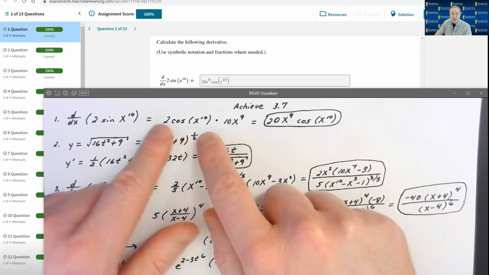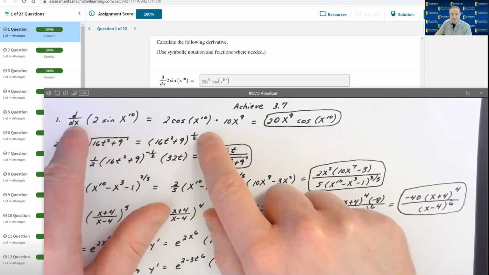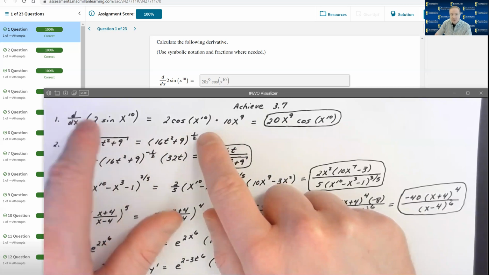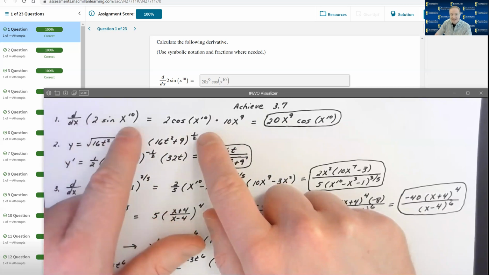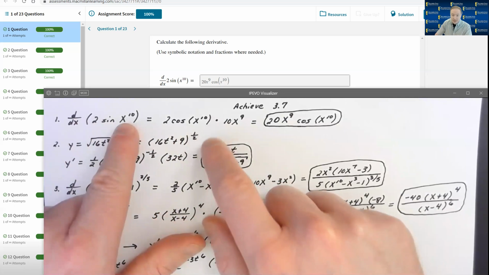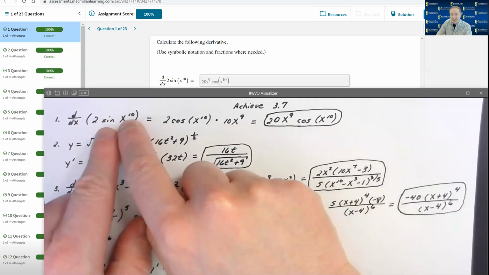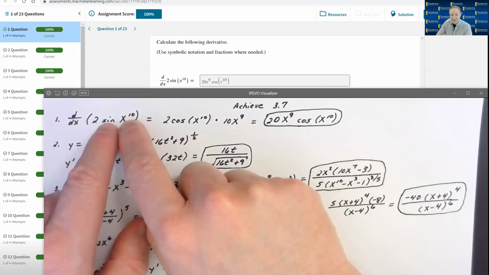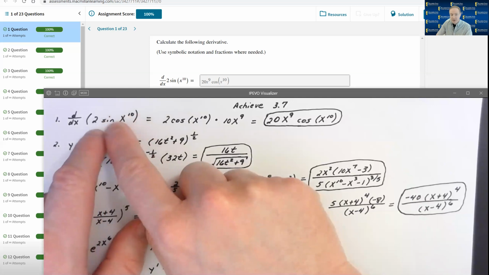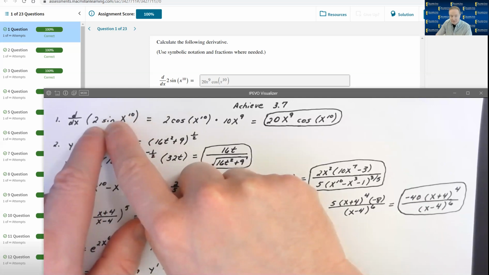For this first problem, it asks us to take the derivative with respect to x of 2 sine of x to the 10th. As we know, the chain rule applies to the composition of functions. What you need to understand in order to do this problem successfully is that the function x to the 10th is composed inside of the sine function.